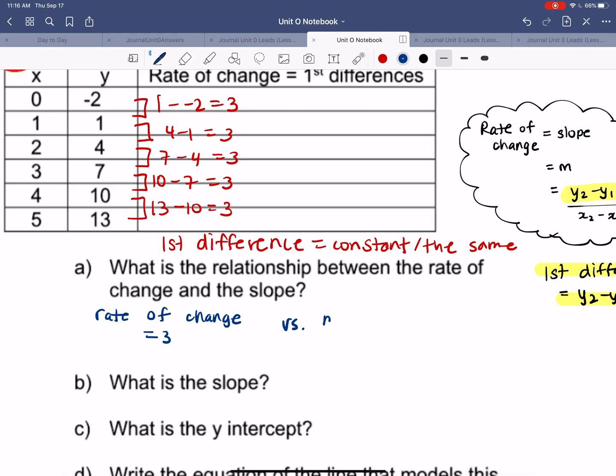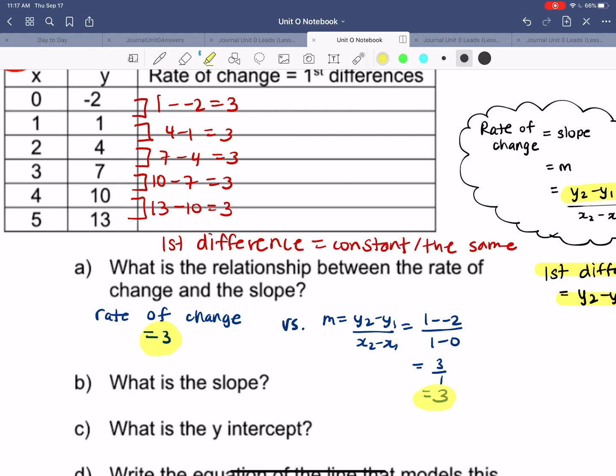Well, for slope, we know that we compare two coordinates. And if I use the first two coordinates, because they're smaller in value, that's like doing 1 minus minus 2 divided by 1 minus 0. That's equal to 3 over 1, which is equal to 3. So notice how the values are exactly the same.